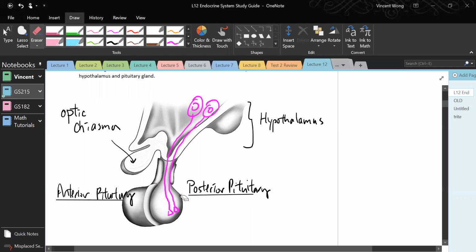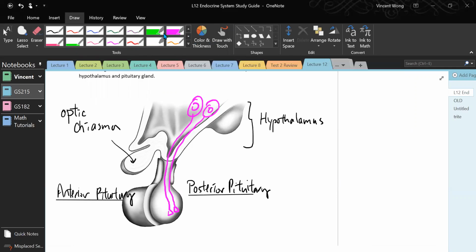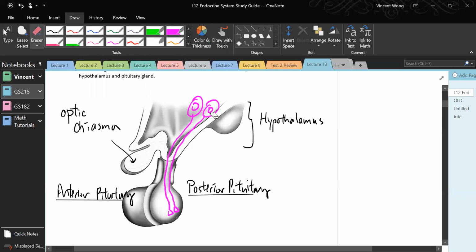It's like the hypothalamus is like a DVD player or Bluetooth player, physically connecting to your TV through wires.